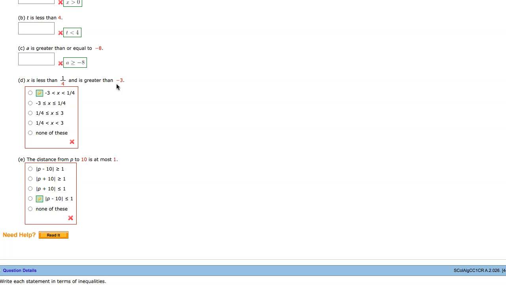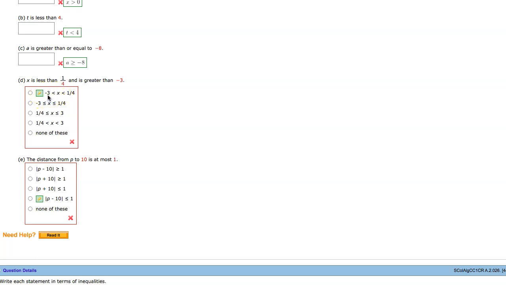I love some things from McDonald's. It's just expensive. I'm just using expense, okay? No other reason. So if x is greater than -3, then -3 is less than x.